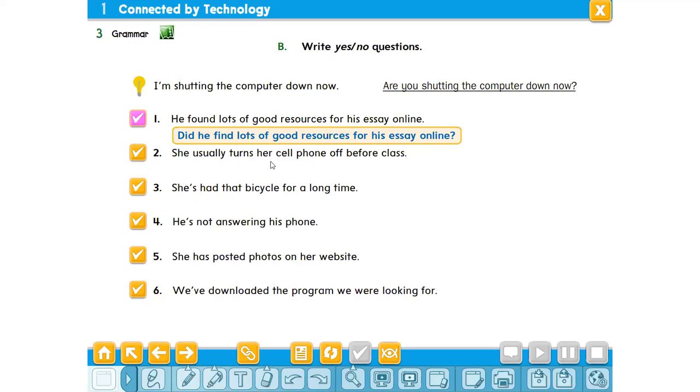Does she usually turn? Excellent, Ahmed. After does, I use the bare infinitive. I mean the verb without s, without ed, without ing, without to. Excellent, Ahmed. Number 3, the third one, Naif.